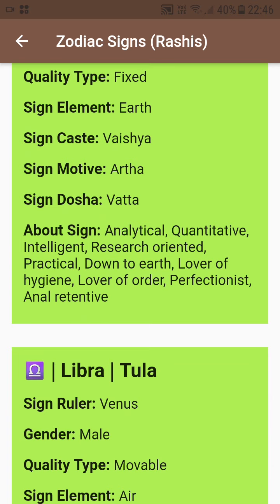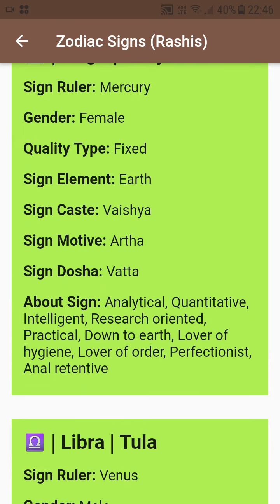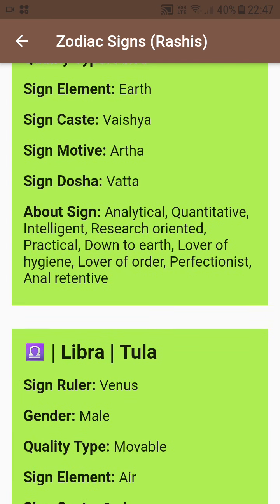About this sign, this person is going to be analytical, quantitative, intelligent, research oriented, practical, down to earth, lover of hygiene, hygienic practices, order, and perfectionist. Thus, good and bad both depend. Perfectionism is not always good.